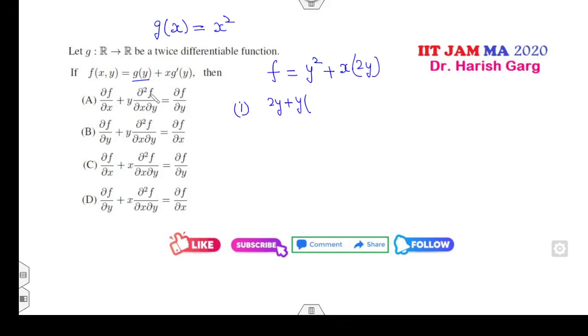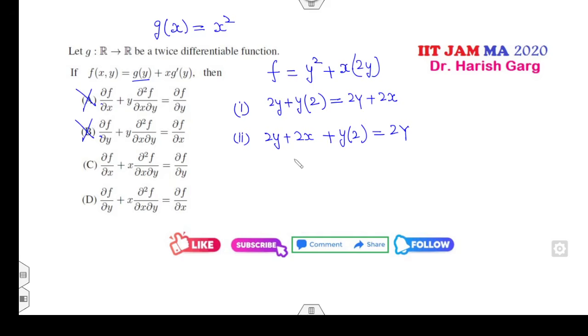Then partial derivative with respect to y, and then with respect to x, that is my 2, which should equal partial derivative with respect to y, 2y plus 2x. Not satisfied. Then partial derivative with respect to y, 2y plus 2x plus y into 2, partial derivative of x, again not satisfied.